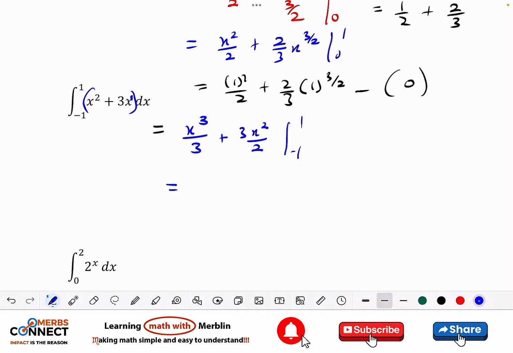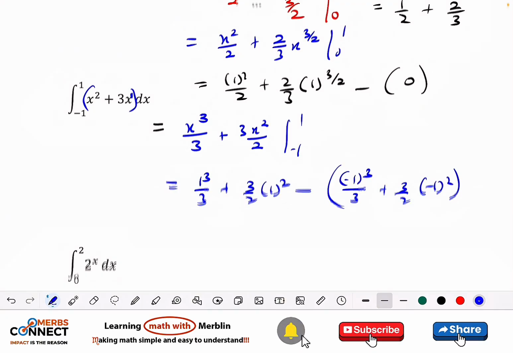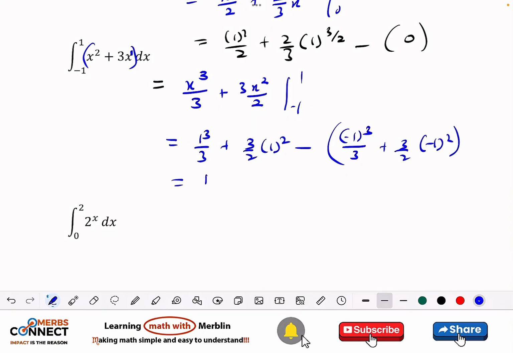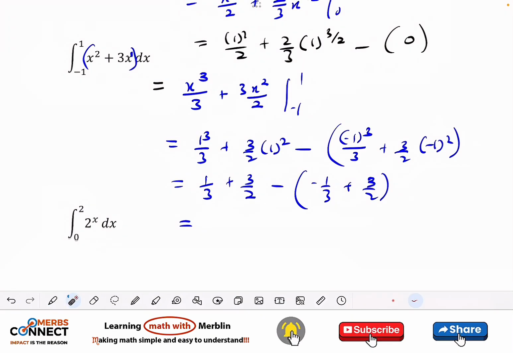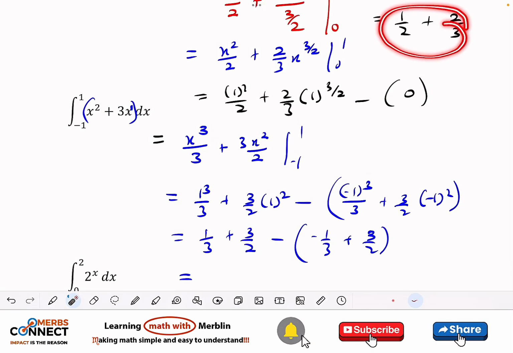So when I plug in 1, I have 1 to the power 3 divided by 3 plus 3 on 2 times 1 squared, minus, plug in minus 1, minus 1 to the power 3 divided by 3 plus 3 on 2 times minus 1 squared. So this is 1 over 3 plus 3 on 2 minus, this is minus 1 over 3 plus 3 on 2.